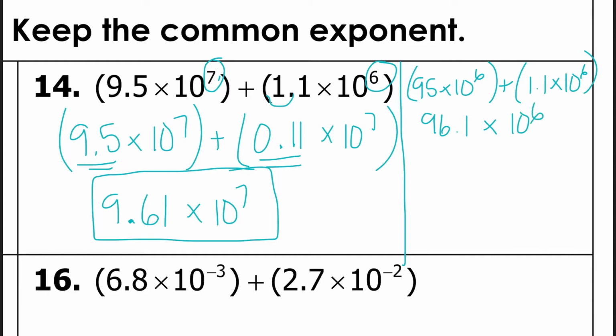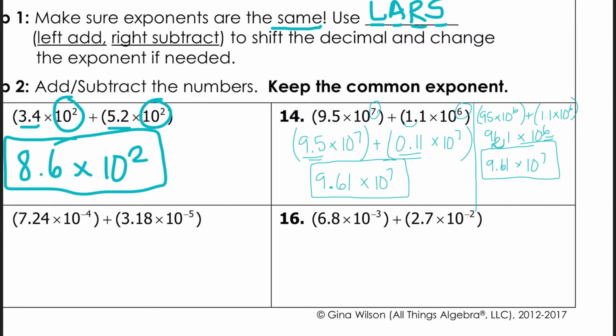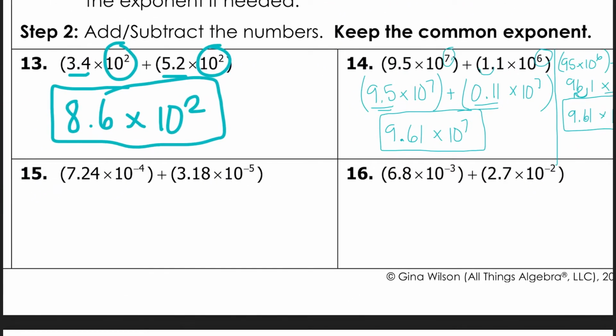And then I would have had to back this up to make 9.61. Going to the left means add, so that means bump that up to a 7. And you see I get the same answer. So you can do it either way. Whichever way makes you happy, but you just have to have common exponents before you can add or subtract. All right, let's try number 15.